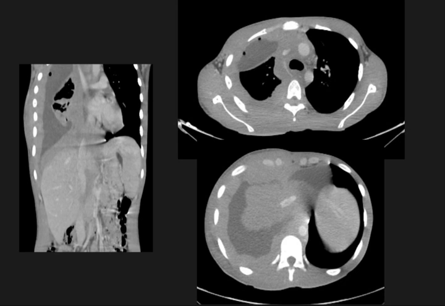He has a diffuse pleural thickening that also involves the mediastinal pleura, with also loculation, and you can see the thickening was diffuse, with pretty irregular borders, and also hepatomegaly and splenomegaly.